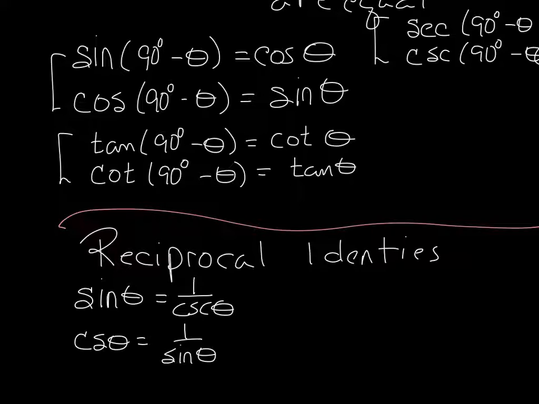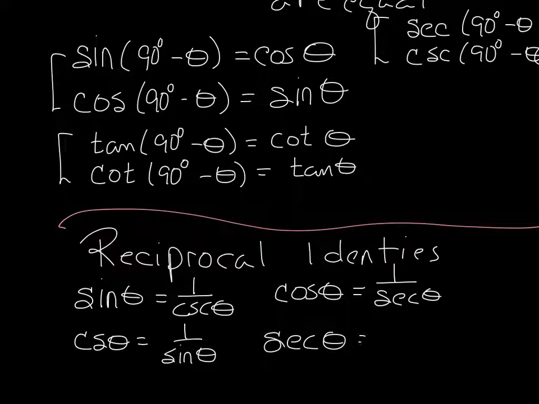The cosine of theta is 1 over the secant, and the secant of theta is 1 over the cosine. Now remember, when I listed out the other day the trig functions, I listed them out in a certain way.